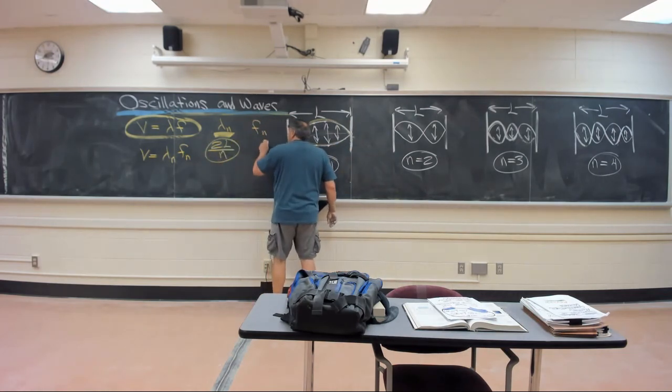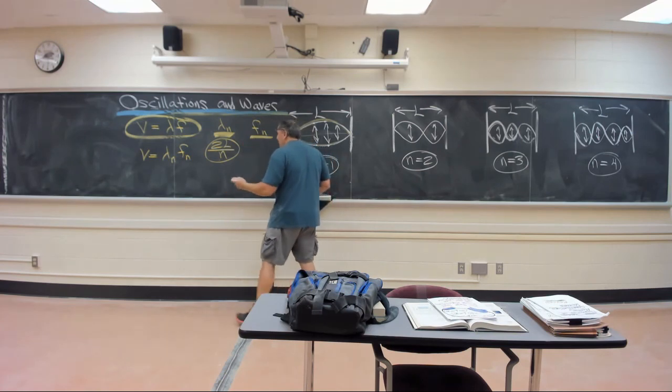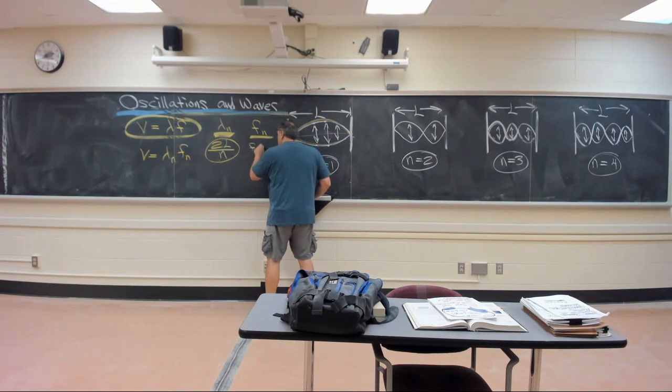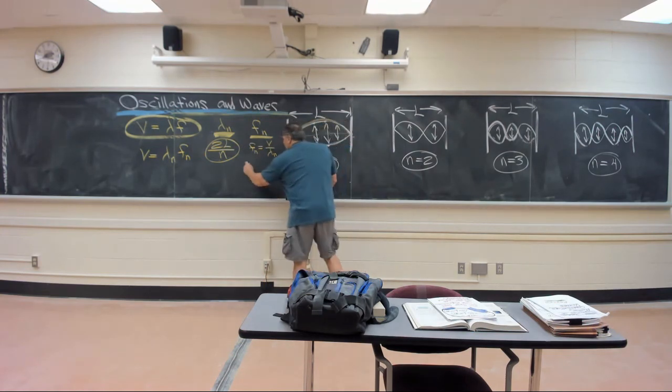F sub n is, well, I mean, you tell me. F sub n would be V divided by lambda sub n.